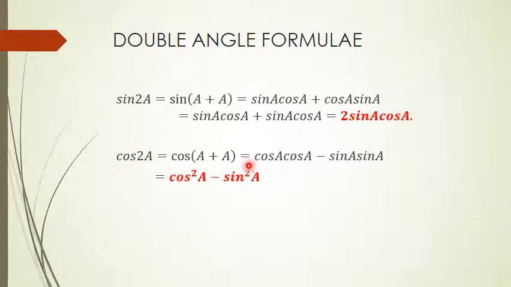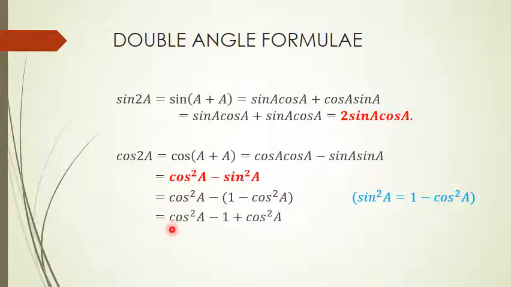And now we can replace sine squared a using this identity: sine squared a equal to 1 minus cos squared a. So in place of sine squared a, we can insert 1 minus cos squared a, and removing the brackets, we obtain cos squared a minus 1 plus cos squared a.